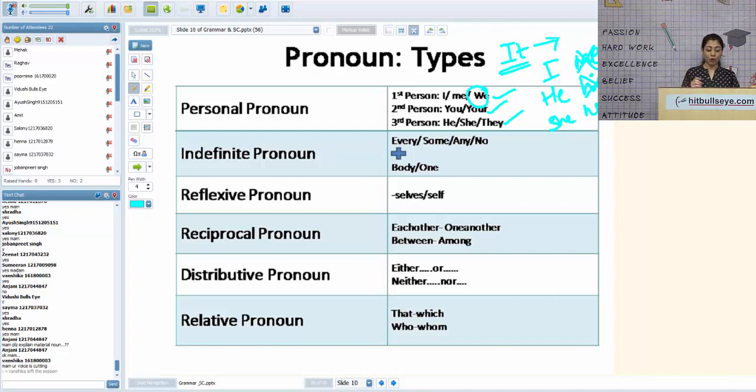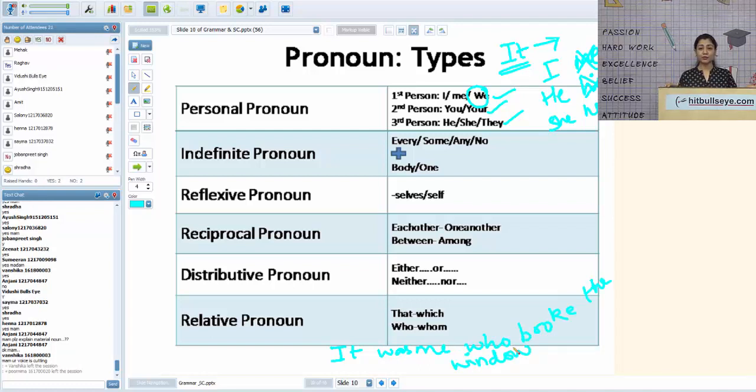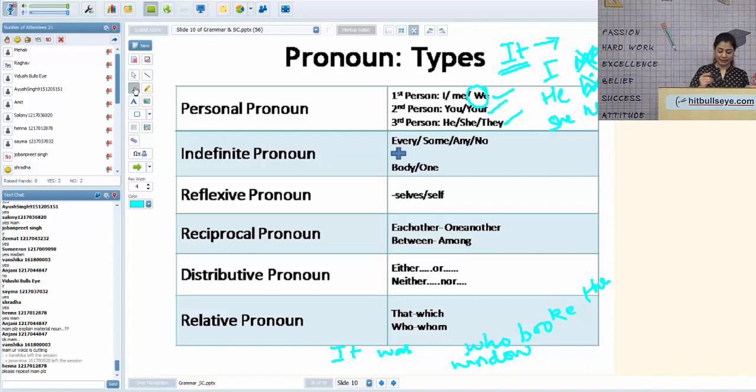Let us look at a small example. It was me who broke the window. I hope this rule is clear to all of you. Sorry, my bad. It was I. It was me is the wrong statement. It will always be I, he or she. So Rahul is not taller than her. Rahul is taller than she.